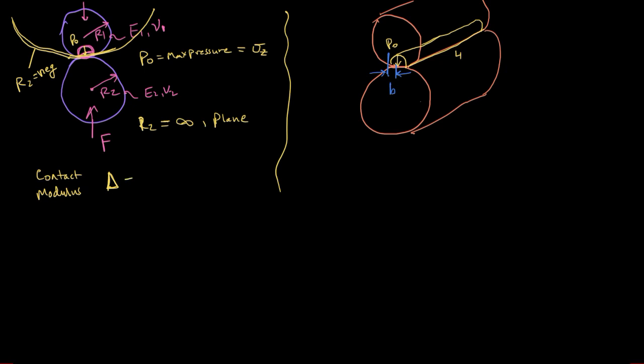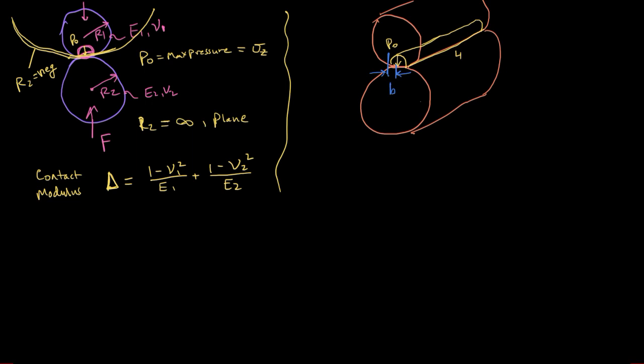And this contact modulus is related to the Poisson ratio, mu, and the Young's modulus for each material. Okay, in the case of cylinders, we have 1 minus mu1 squared over E1, and then 1 minus mu2 squared over E2, and that gives us our contact modulus between those 2 different materials.